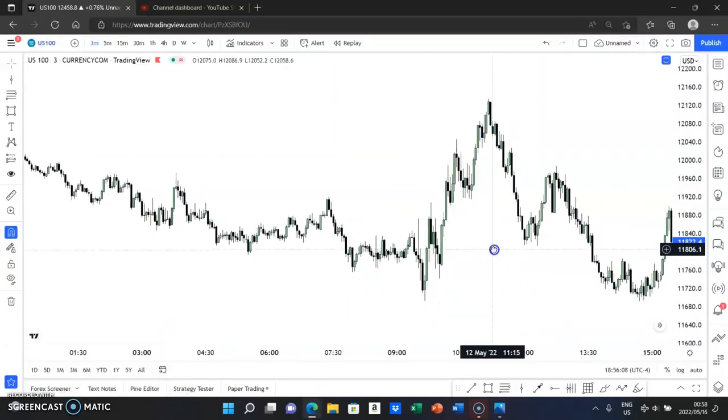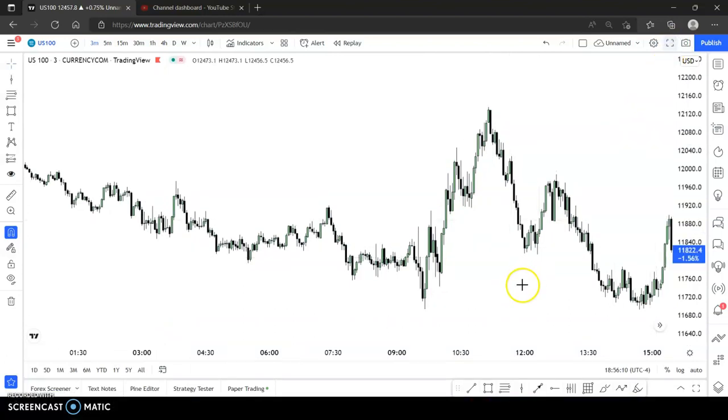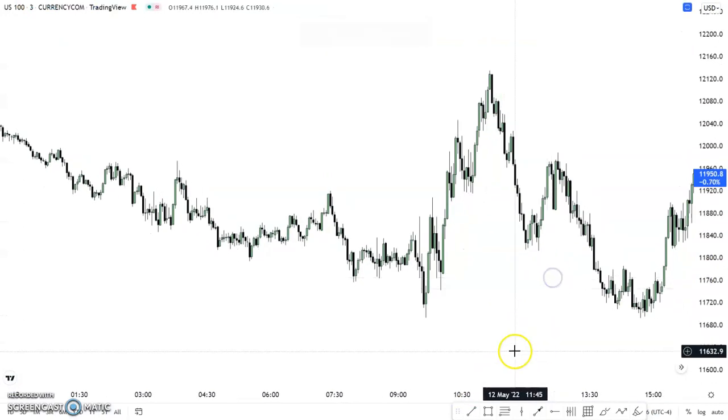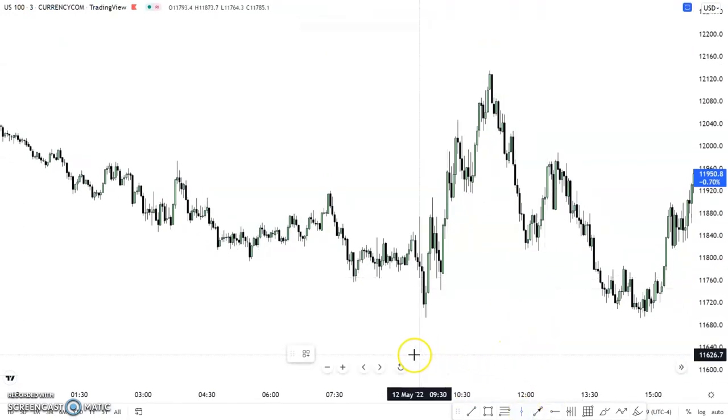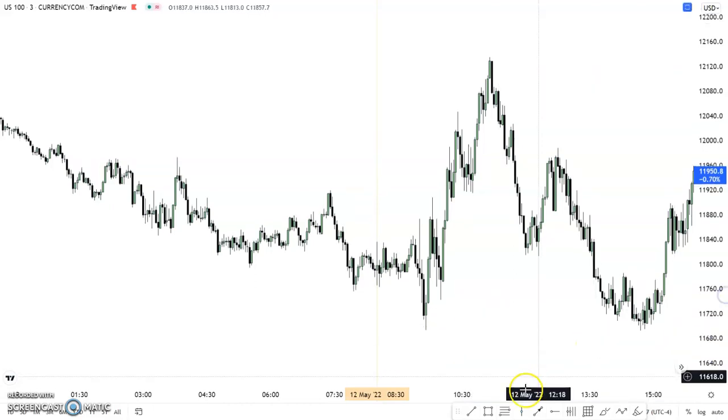So here's the chart. First things first, what I did was mark out 8:30, because it's time and price, so keep that in mind.